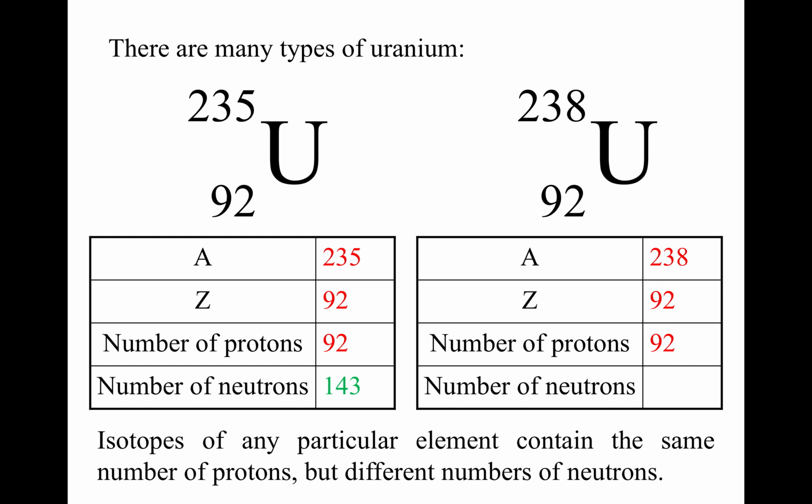And if we look at the one on the right, it would be 238 minus 92, which would give us 146 neutrons. So when you write things out like this, it's clear to see, yes, they're both uranium, they have the same number of protons, they have a different mass, and that different mass comes from having a different number of neutrons.